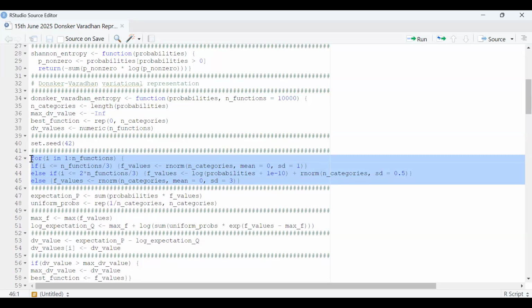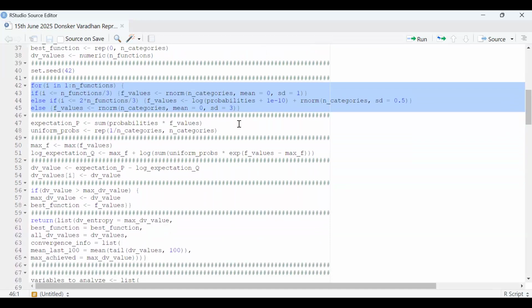My next strategy is that I write functions with higher probability categories using the log of probabilities. Then the third strategy is to move on to more extreme functions with higher variance. So with these three strategies, it can help me to incorporate the deviations into the Donsker-Varadhan entropy.